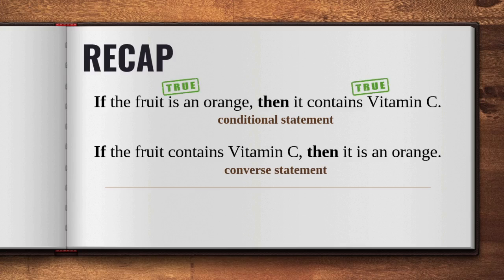It contains vitamin C is also true, because indeed, an orange contains vitamin C. But in our converse statement, the hypothesis, the fruit contains vitamin C, is true, but the conclusion that it is an orange is false, because there are other fruits that contain vitamin C. We have a kiwi fruit, grapes, apple, pineapple, and a lot of other fruits.